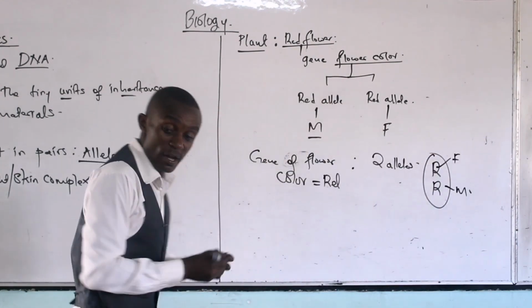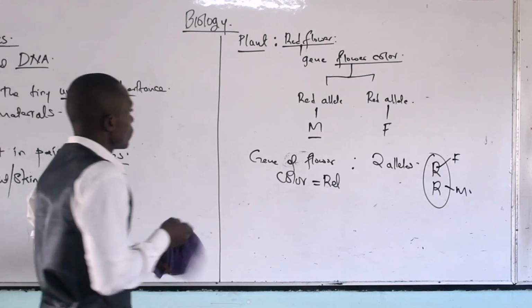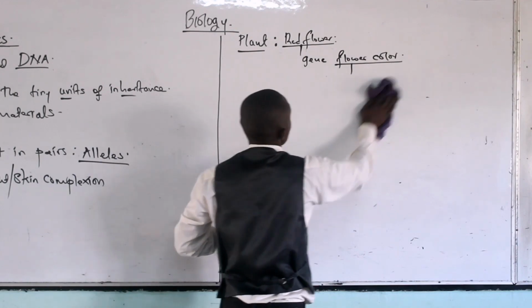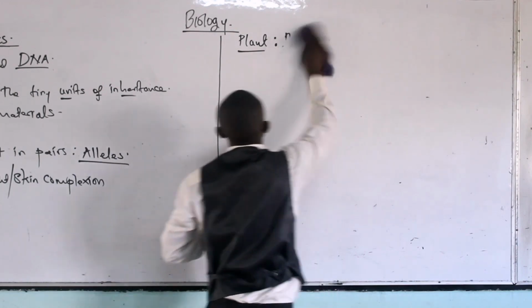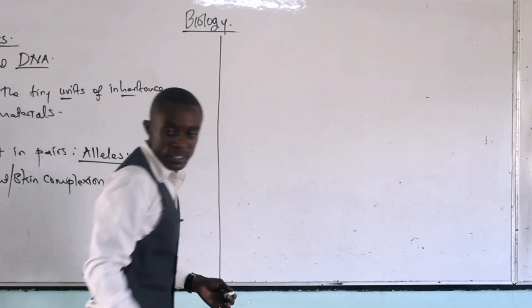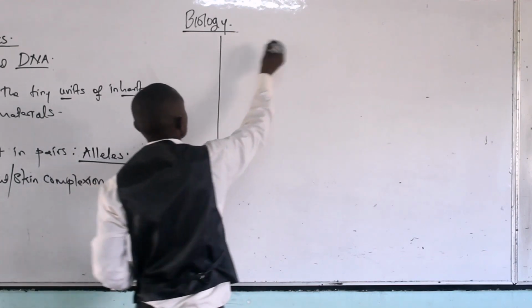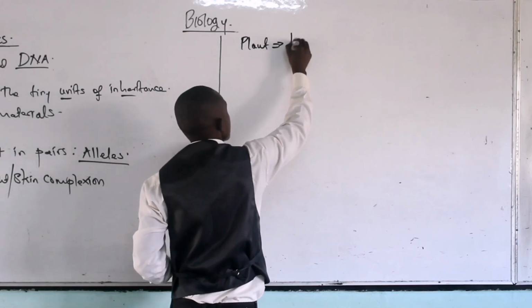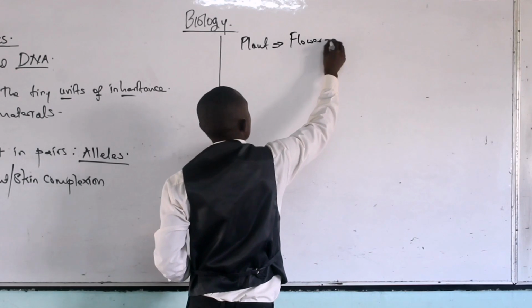Another quick example. We can have a plant whose flower is pink.